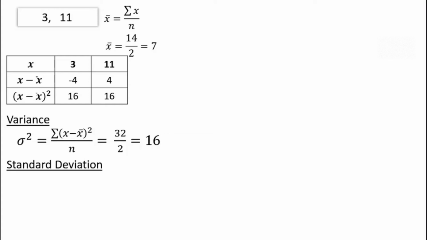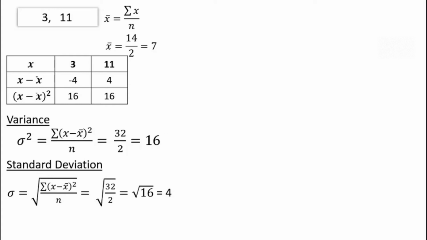And pounds squared doesn't even make sense as a unit. So one more step that we can do to try and make the data sensible is to square root it. When we square root, we generate a statistic called the standard deviation. And now the standard deviation is a bit more understandable. It makes more sense in our context.